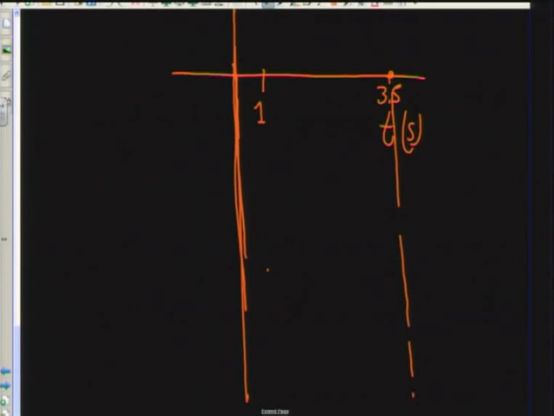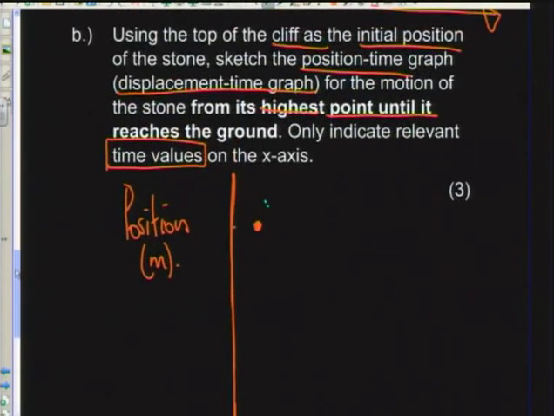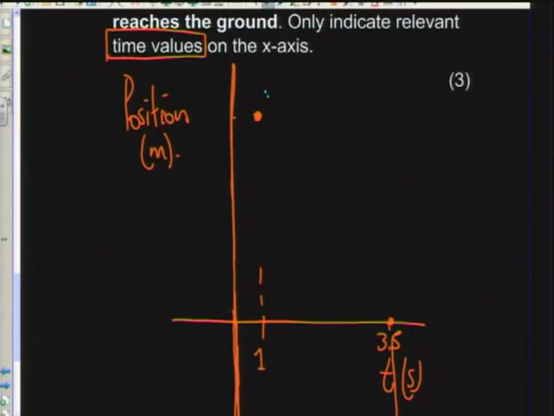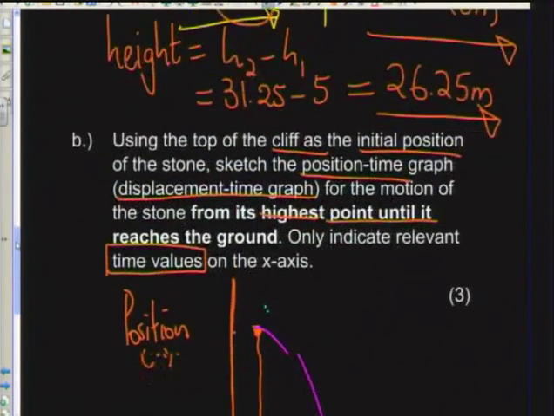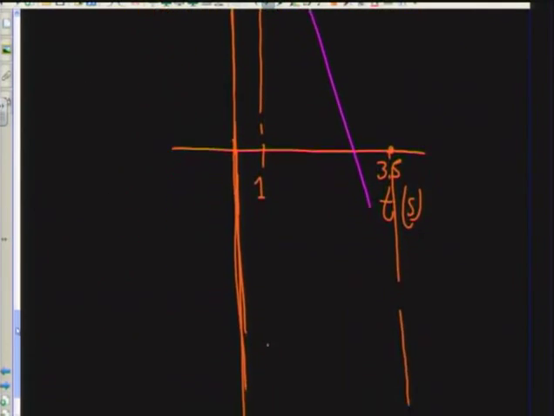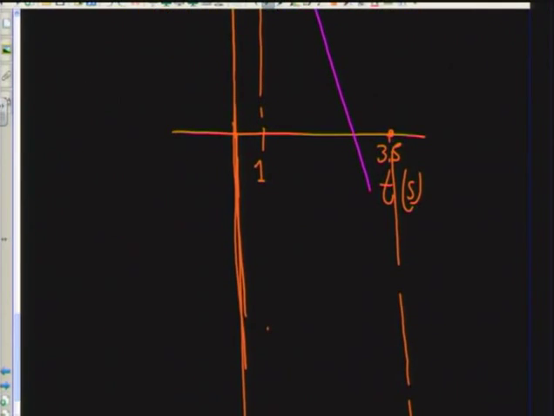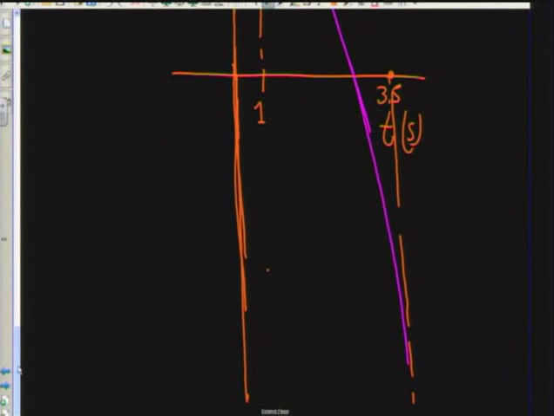It is somewhere at the bottom there, and at the time 1 second, it's when it reached its maximum height. So I can actually say my graph here will be such that it comes down to a point somewhere there.